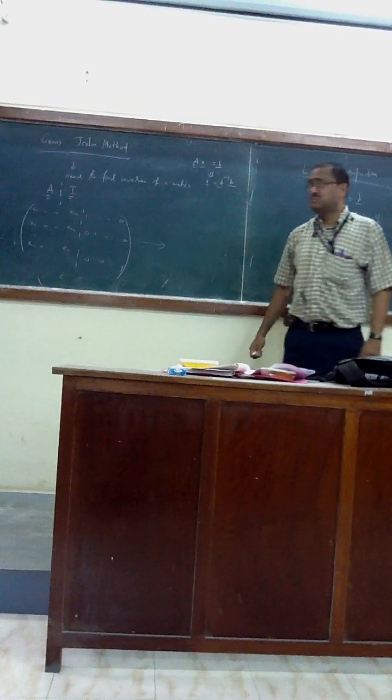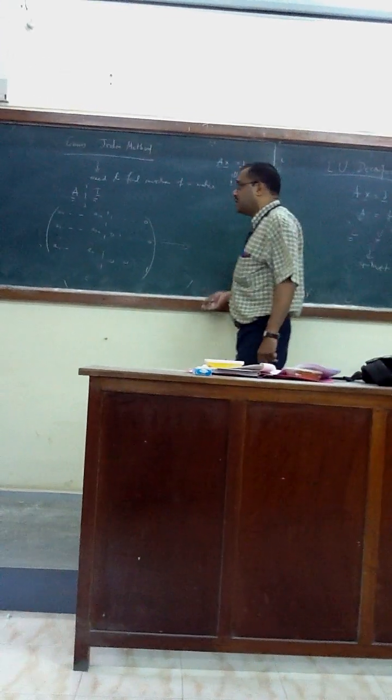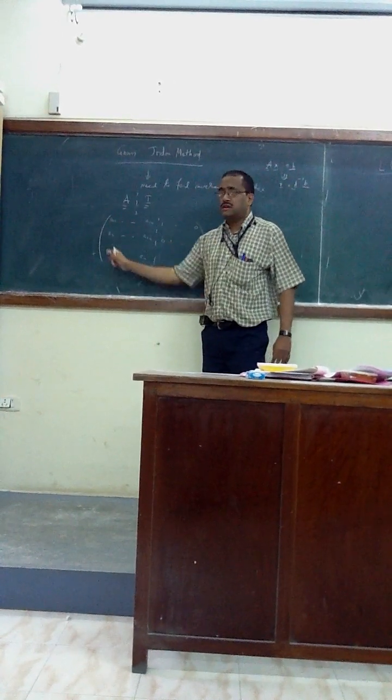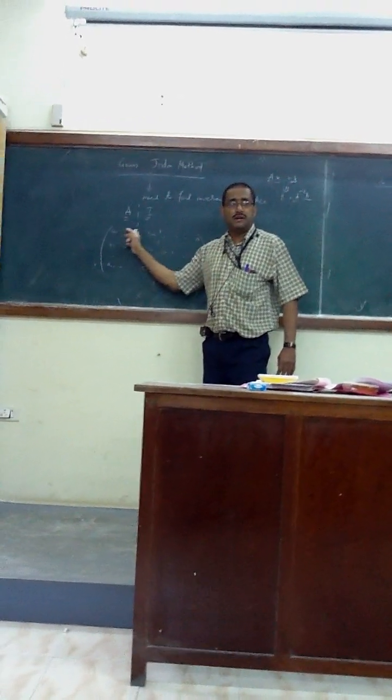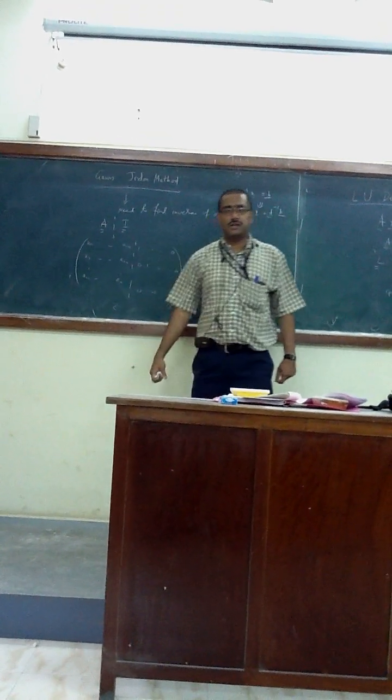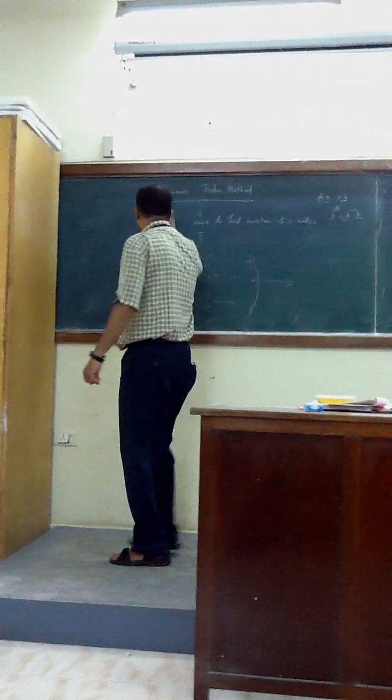I don't like it, but you should know that. Then you do row operations and try to make this your identity matrix. Automatically it will be the inverse. That is the Gauss-Jordan method. Very, very expensive method, and I will say immediately, don't use it.